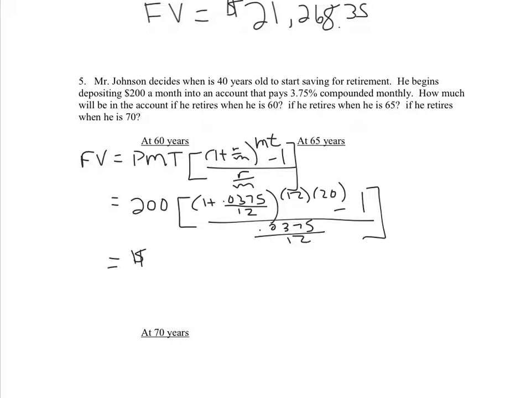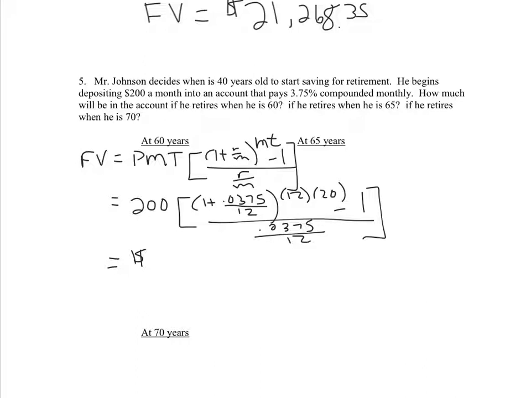and again, always start with your inside parentheses, so you'll have to do 0.0375 divided by 12, take that answer and add 1, raise that to your exponent, which is 12 times 20, which is 240.